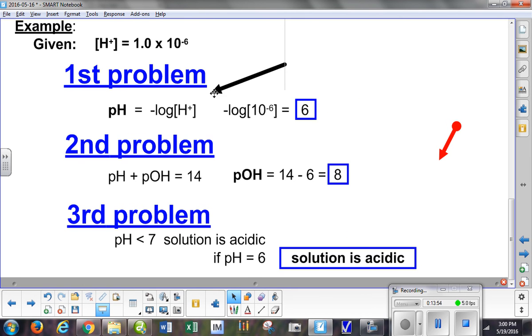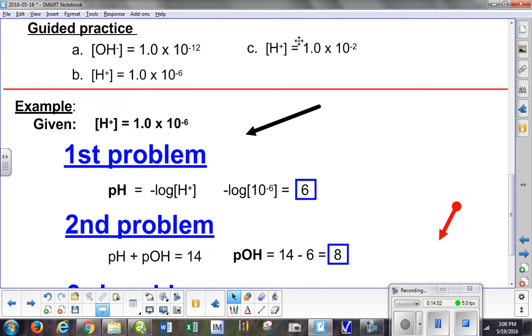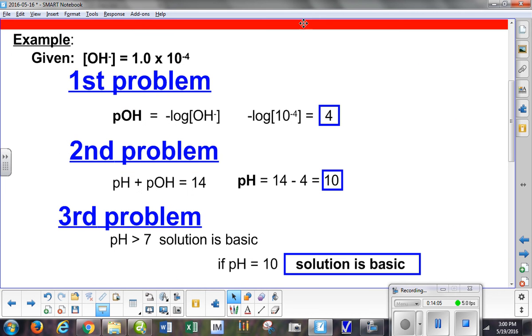I'm asking you to find the pOH if you're given the pH, if you're given the hydrogen ion concentration, and if you're given the hydroxide ion concentration like the first problem, I'm asking you to find the pH.